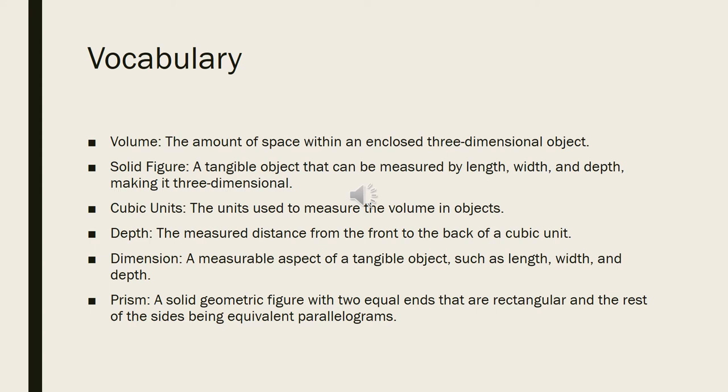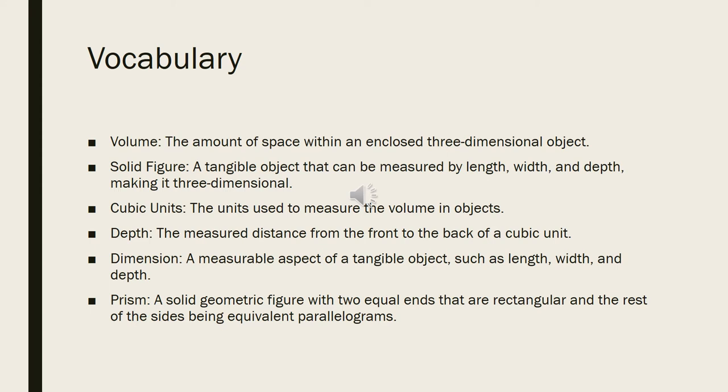Dimension is a measurable aspect of a tangible object, such as length, width, and depth. That's more so just speaking on the ways that we do measure volume, because we do measure it using the length, the width, and the depth of our solid figure.